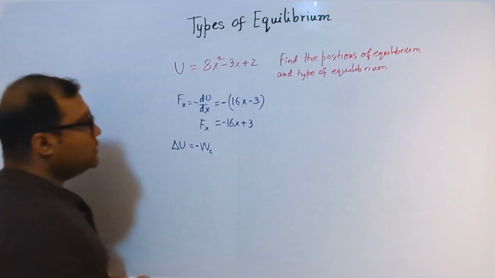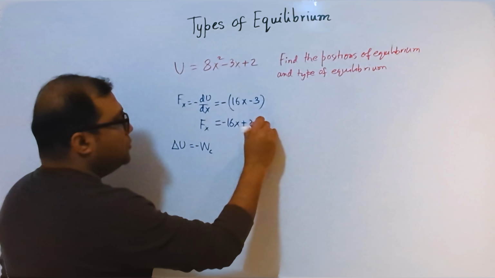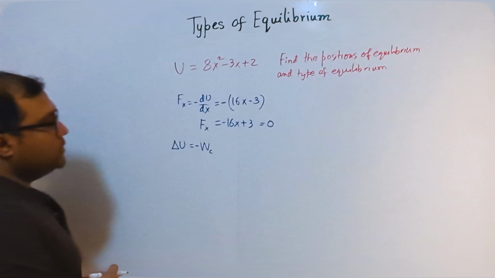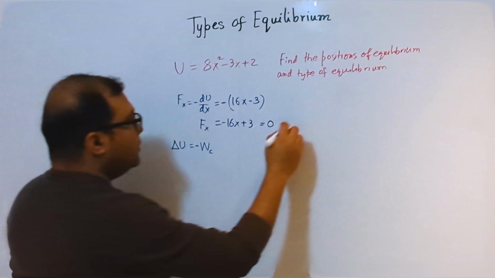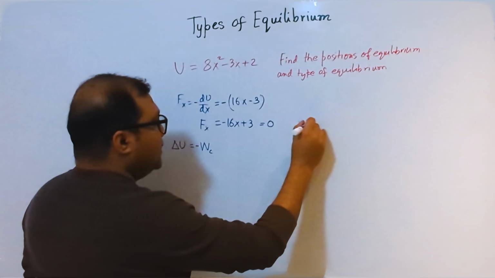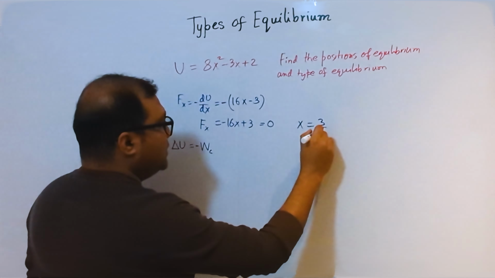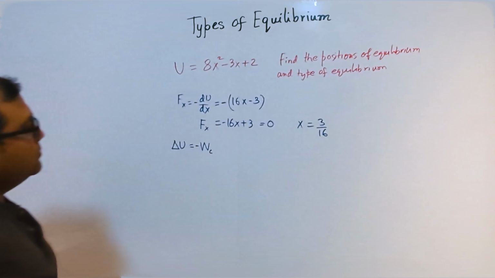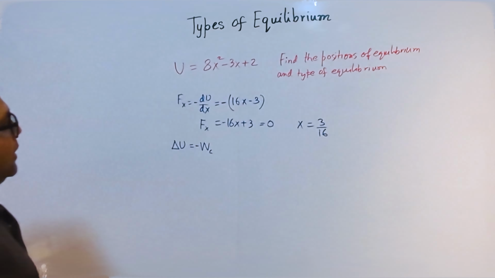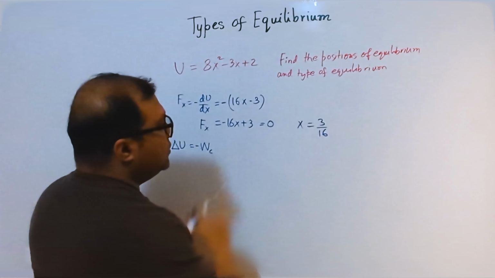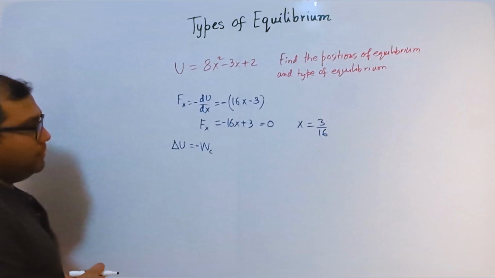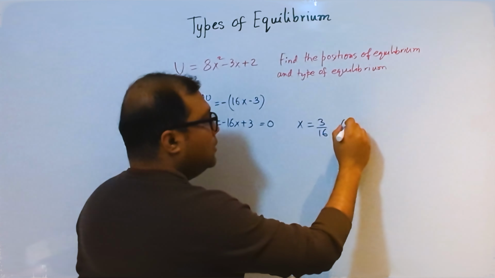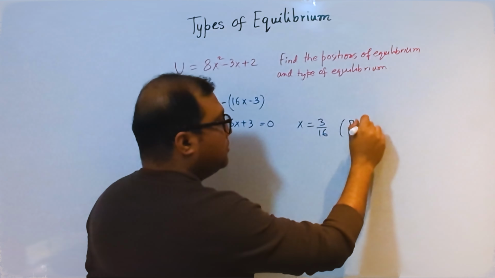Now to find positions of equilibrium, Fx should be 0, so net force should be 0. So from here we will find x as 3 by 16. Okay, now at x equals 3 by 16, this is a position of equilibrium.